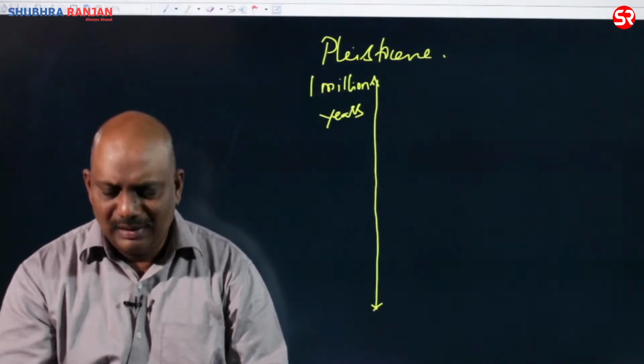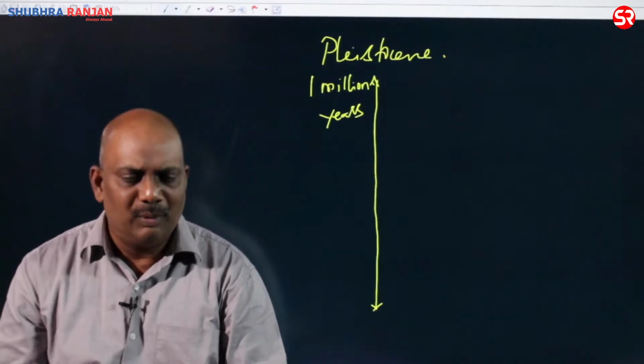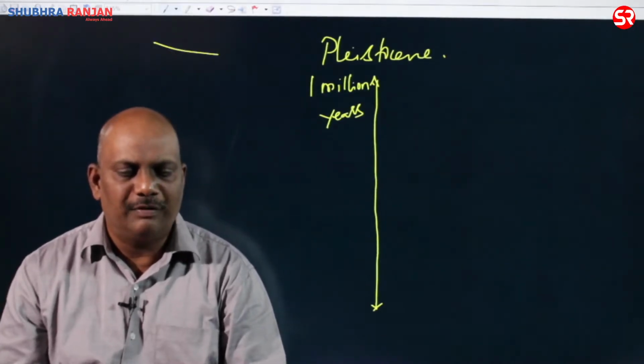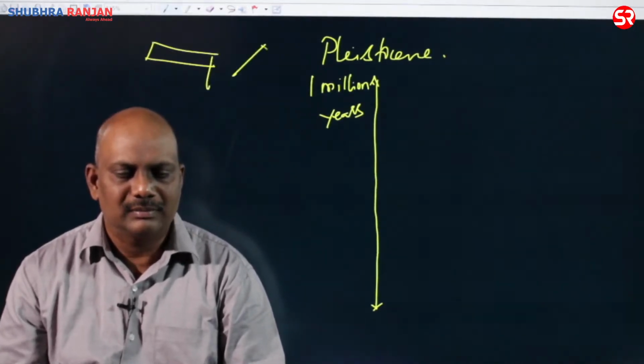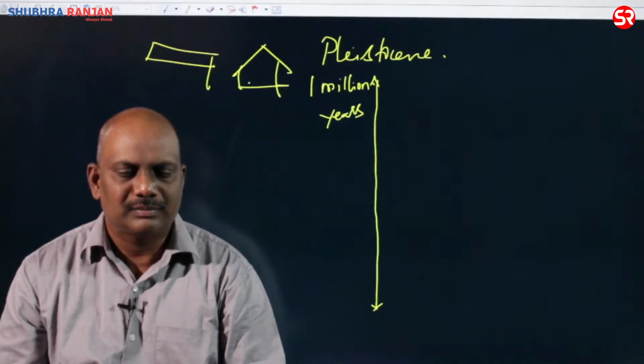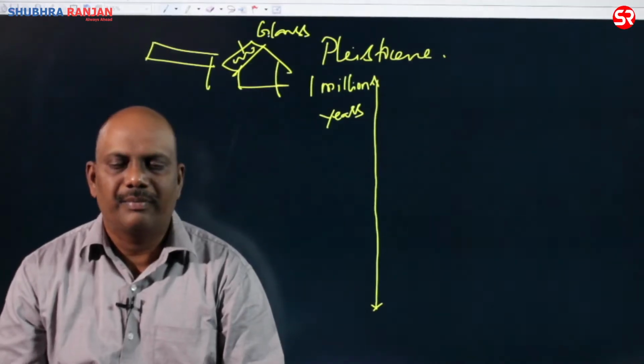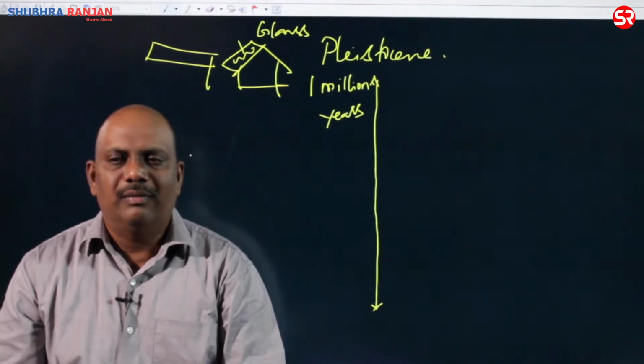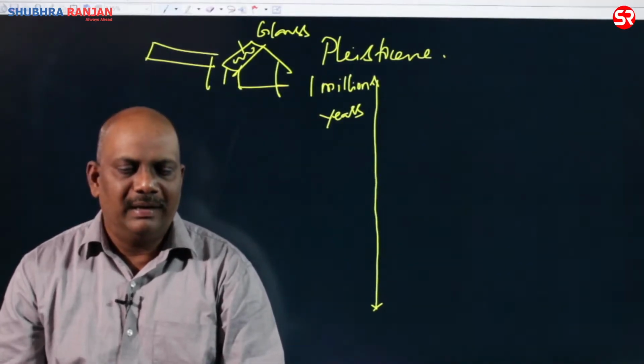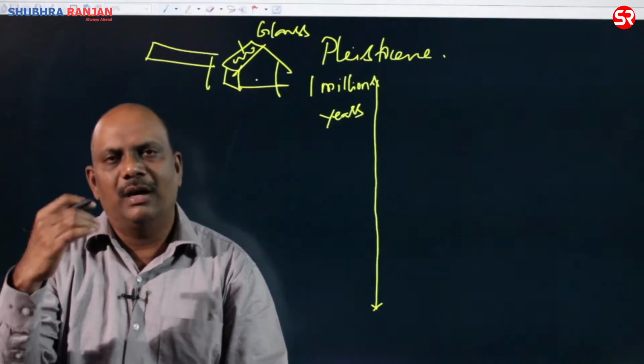Nothing but one shelter where the roof will be made out of glass. What happens actually is when the sunlight comes in, it cannot escape out.